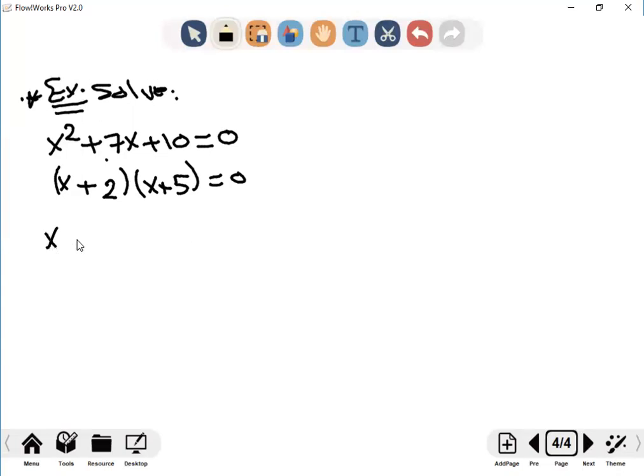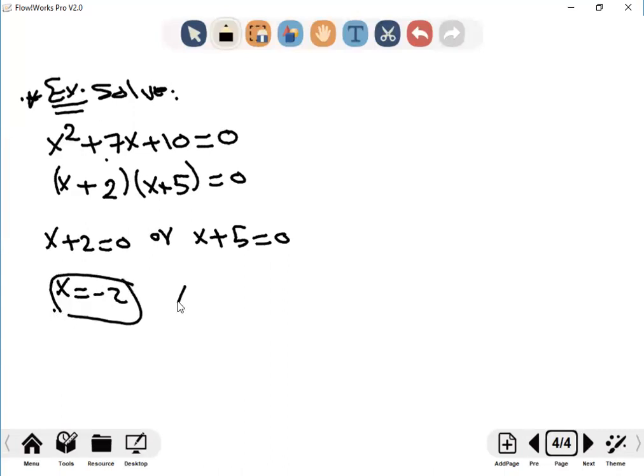So x plus 2 equals 0 or x plus 5 equals 0. Shift the 2, shift the 5. x equals negative 2 or x equals negative 5. So we have two solutions here, negative 2 and negative 5.